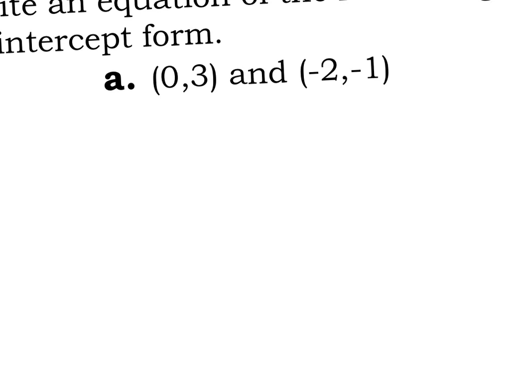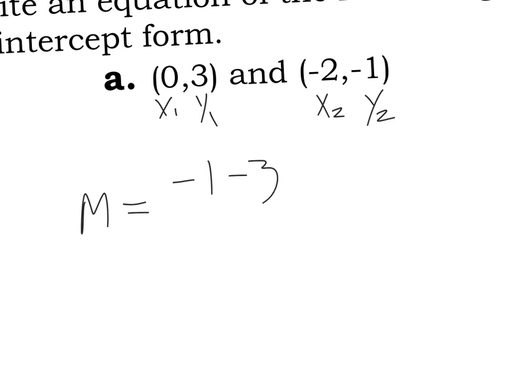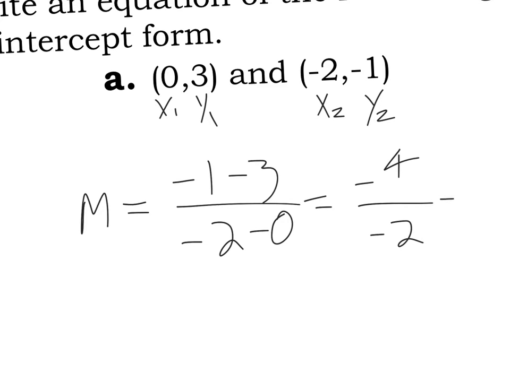To calculate the slope by hand, remember you need to label your points x1, y1, x2, y2, and the slope formula is m equals y2 minus y1, so negative 1 minus 3, over x2 minus x1, negative 2 minus 0. That's going to give me negative 4 on top and negative 2 on bottom, which is just going to give me 2.